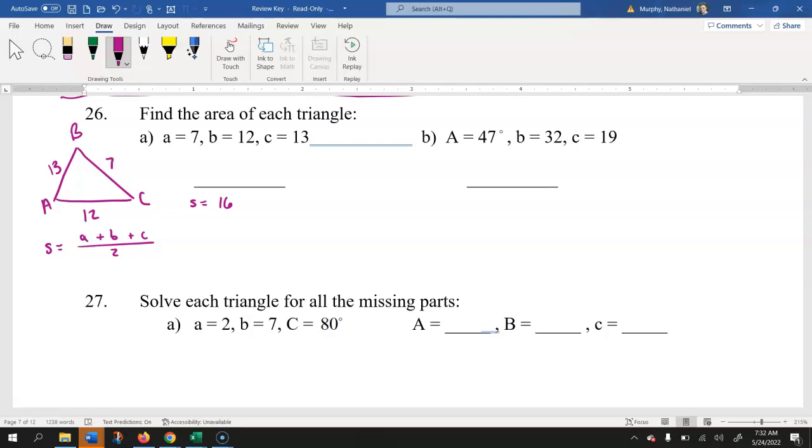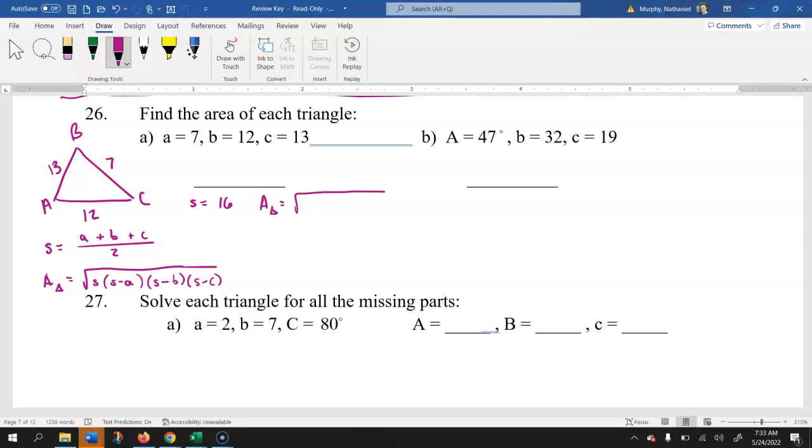So now to find the area of the triangle, when we're using the semi-perimeter, we're going to take that semi-perimeter and multiply it times S minus A, so the difference between the semi-perimeter and side A, times S minus B times S minus C. Something like this.